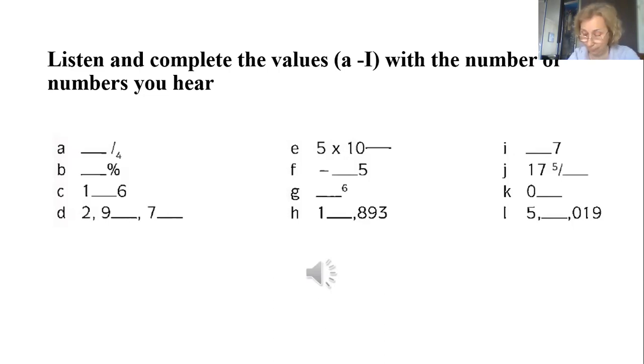G. 10 to the power of 6. H. 10,893. I. Minus 57. J. 17 and 5/8. K. 0.003. L. 5,090,019.